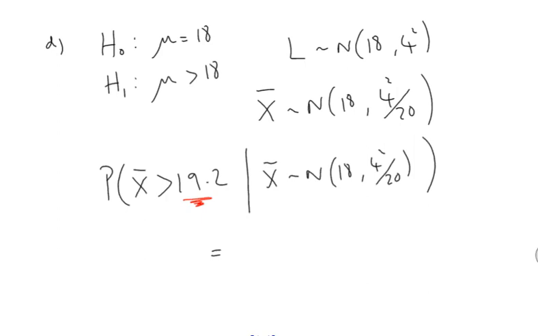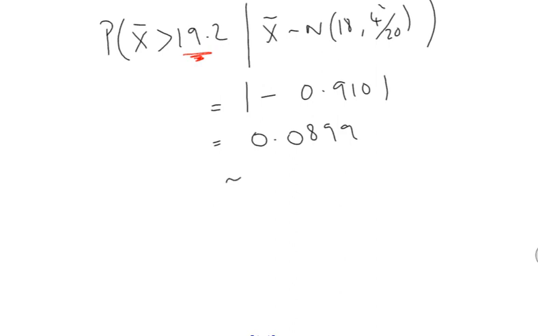It turns out to be 0.9101, but we want the other way, so it's 1 minus 0.9101, which is 0.0899, which of course is approximately 9%.